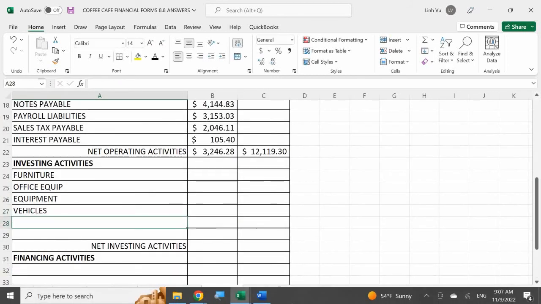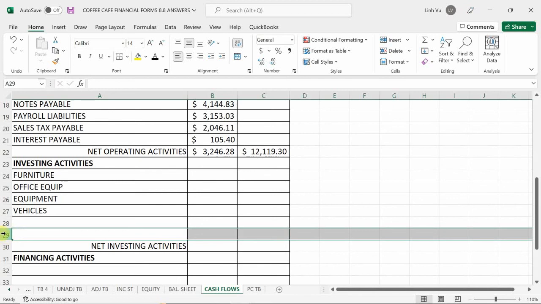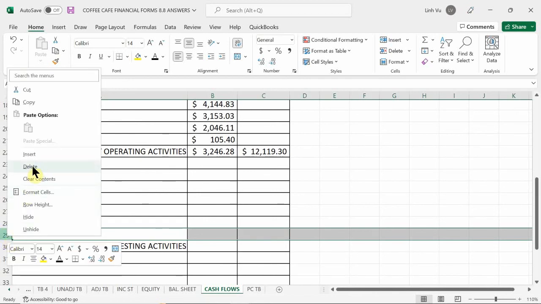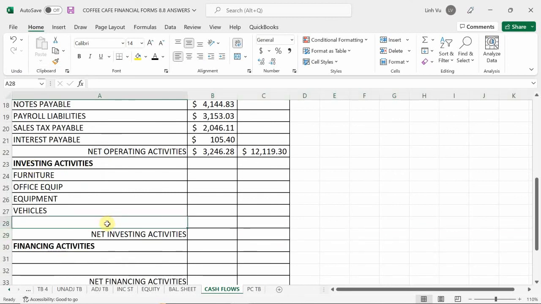Now, if you bought all of these items, is that money that you have or is that money you spent? That's money you have.